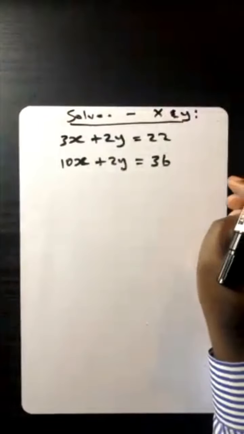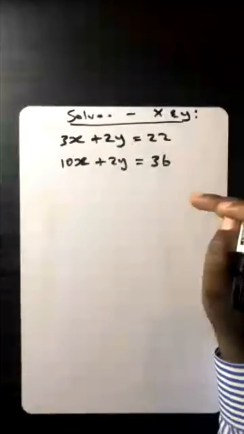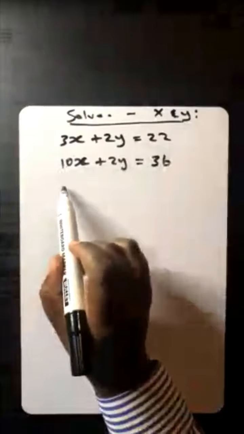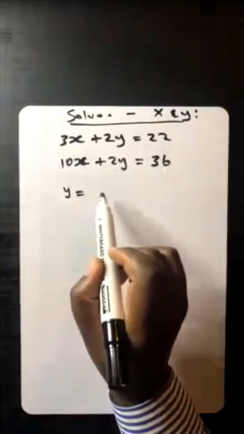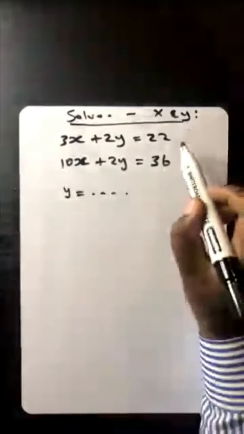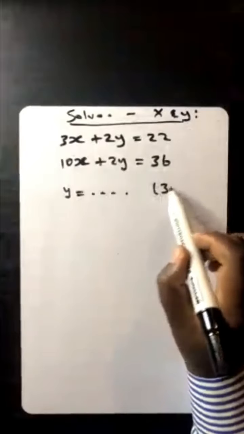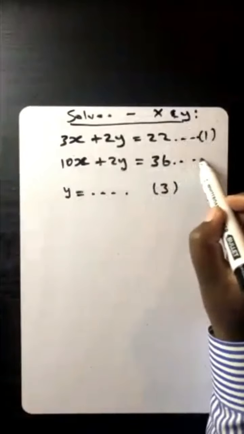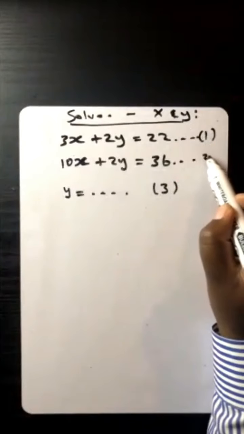Yes, sir. Okay, so in yesterday's lesson it was a bit different, in the sense that you had to make y the subject of the formula in order to derive equation number 3. Here, that one is equation number 1, and this is equation number 2.